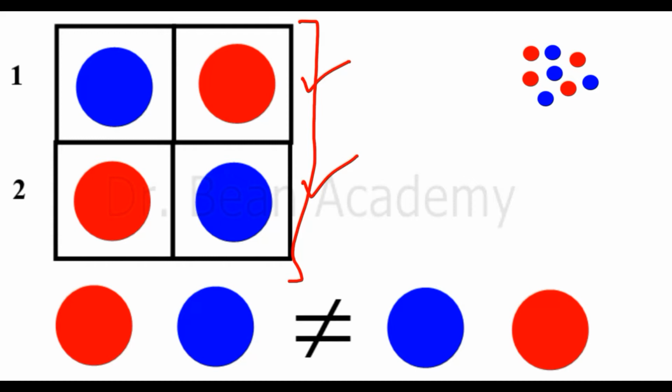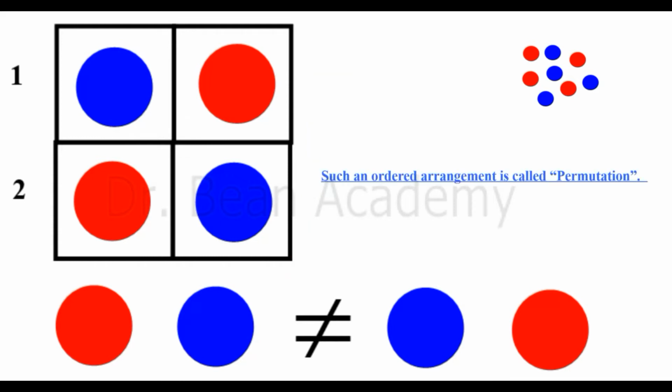For example, the position of the blue ball in the first arrangement is in the left box, but the position of the blue ball in the second arrangement is in the right box. And just because the relative positions of the balls are different, these are two different arrangements. Such an ordered arrangement is called a permutation. So this is the first permutation, this is the second permutation. There are a total of two permutations in this situation.